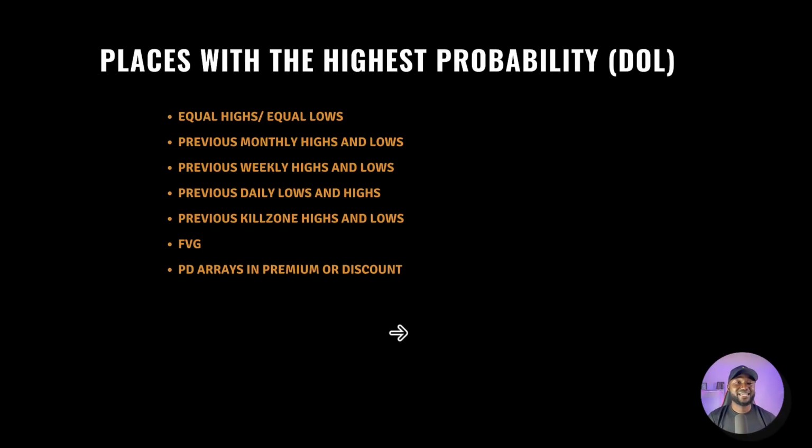We can find liquidity above or below equal highs or equal lows, above or below monthly highs or monthly lows, above or below weekly highs or weekly lows, above or below daily highs or daily lows previously. If price prints that, there is a high chance of finding liquidity.